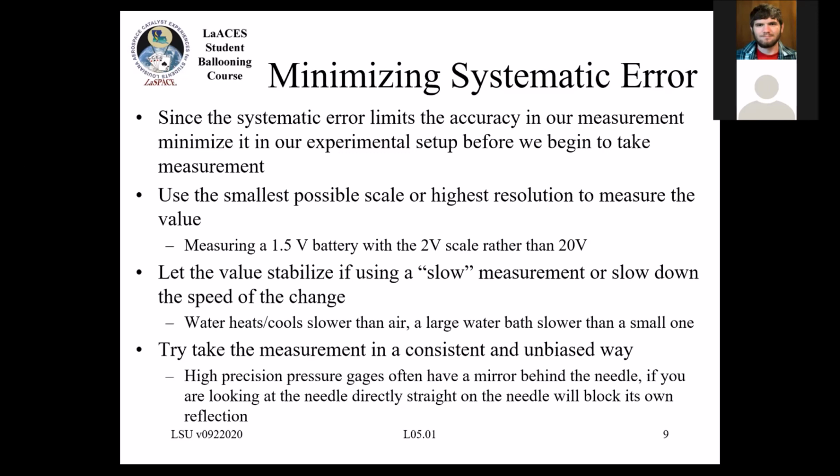Also, you could let the value that you're trying to measure stabilize if you're using something that's relatively slow. So, for example, if I'm trying to measure a temperature, it's often easier to measure the temperature of a water bath, because water has a high specific heat, so it takes a lot of energy to heat and cool it, so its temperature doesn't change that quickly unless you're putting a lot of energy into it.